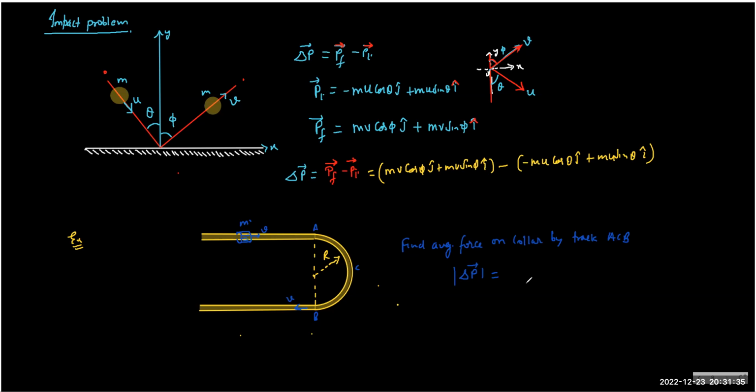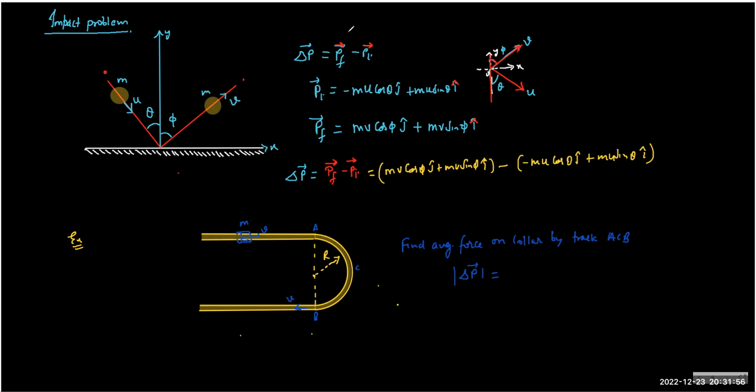Before entering the track, what is the momentum? MV. And what is the momentum after leaving the track? MV in the same direction? Minus MV. Minus, because it's a changing direction.